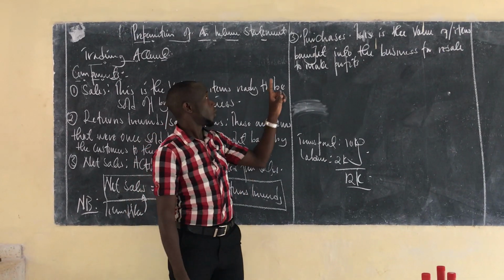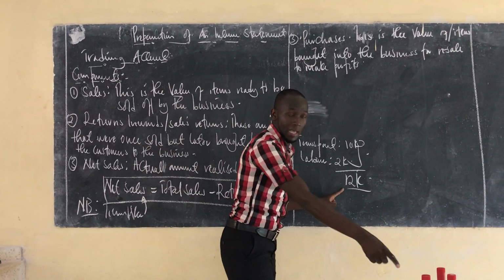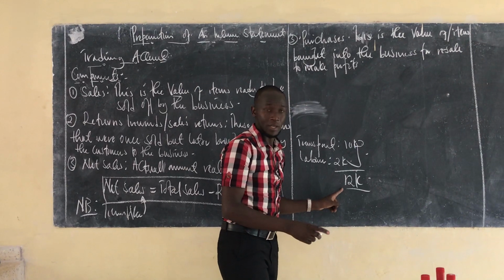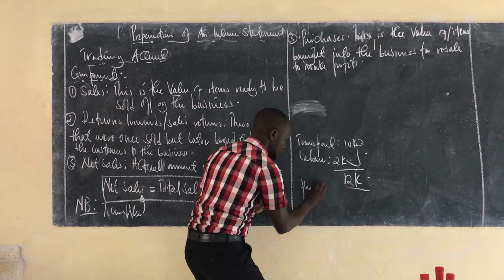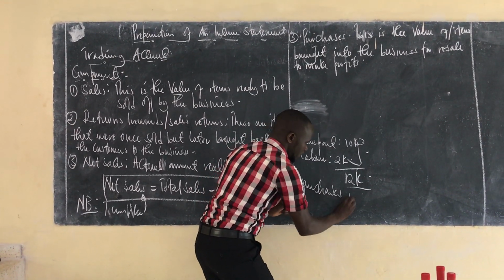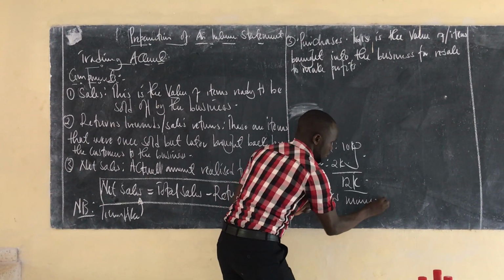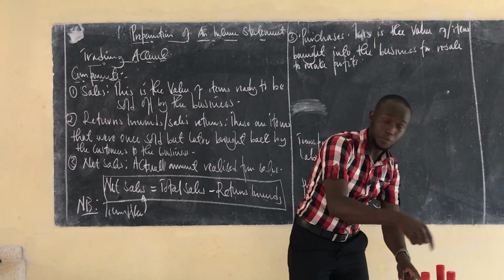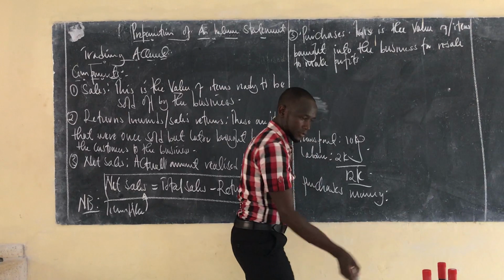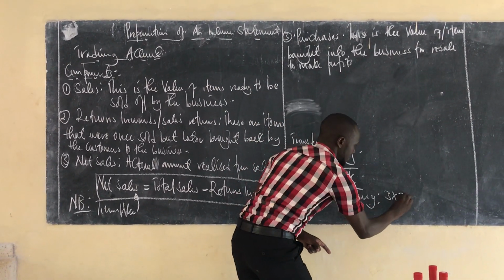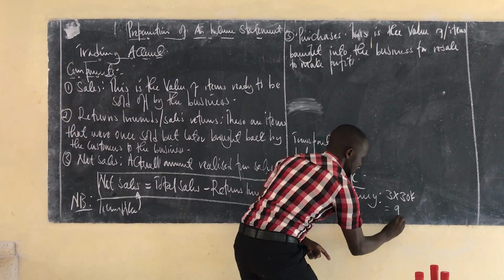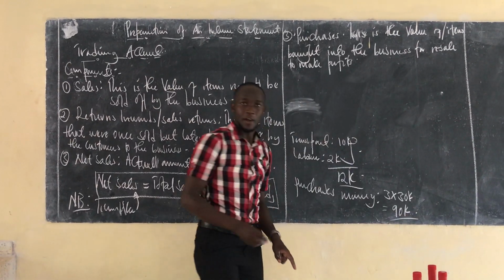On addition of the purchase money, because this is 90,000 now, since each bottle was 30,000. So the purchase money, each bottle here, we say, assuming it goes for 30,000. There are 3 bottles, so it is 3 times 30,000, giving us 90,000.